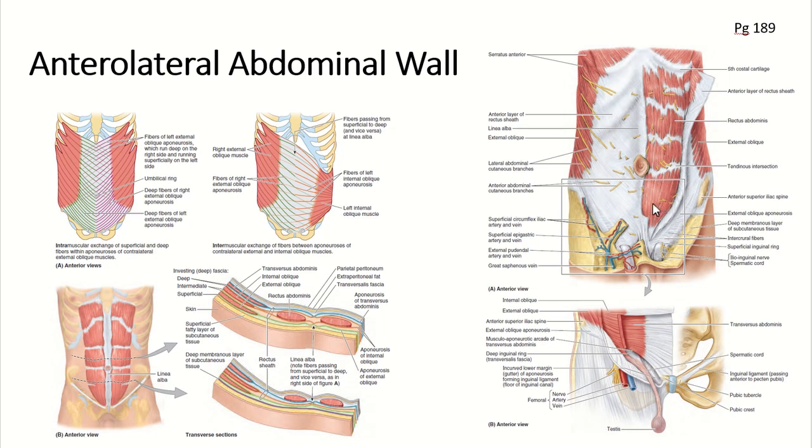First, we can see the rectus abdominis on this side, but if we took that away, you actually get to see the anterior layer of the rectus sheath that lies above it. We can see the linea alba that splits the left and the right side from one another, as well as the external oblique lying, of course, laterally to the rectus abdominis. And so those are the muscles of the anterior lateral abdominal wall.